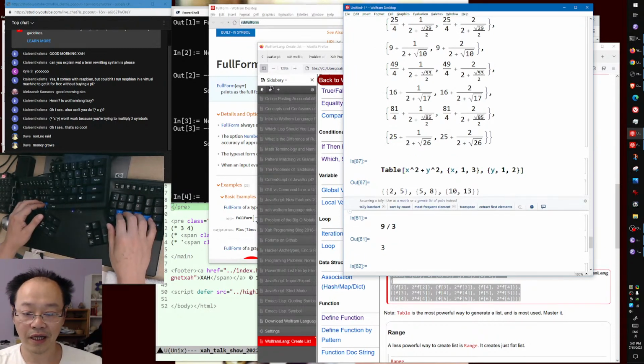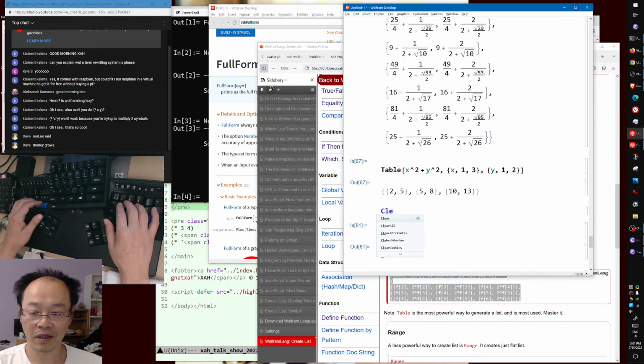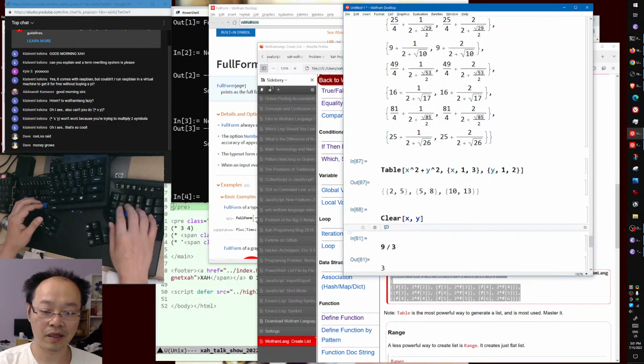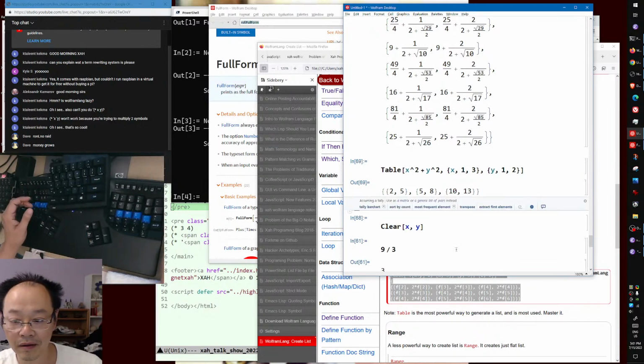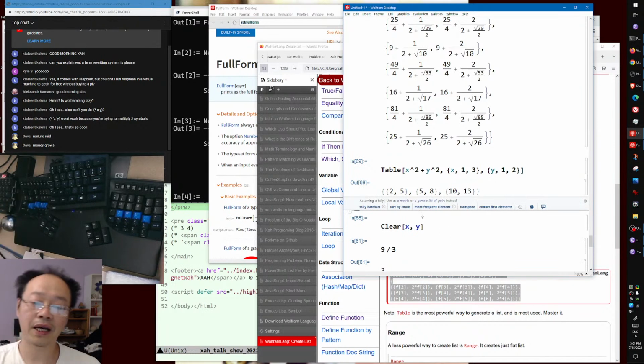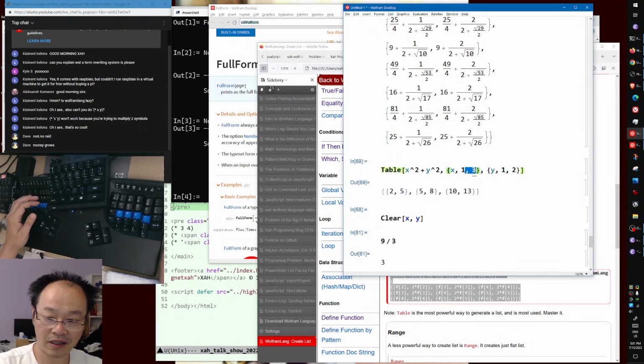Wait, they got a value. We don't want the value. Clear x and y, and run that. Oh yeah, they become a value because x is a number raised to the second power, it becomes a number.